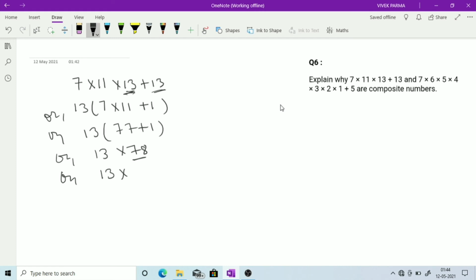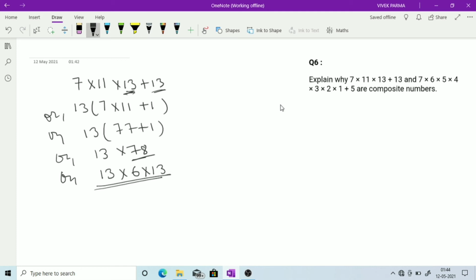And break this. Here this will be 6 into 13, right? It means here the factors are 13 and 6, right?